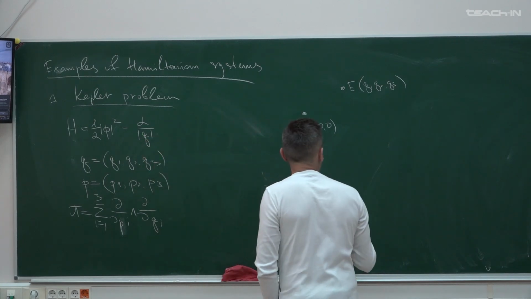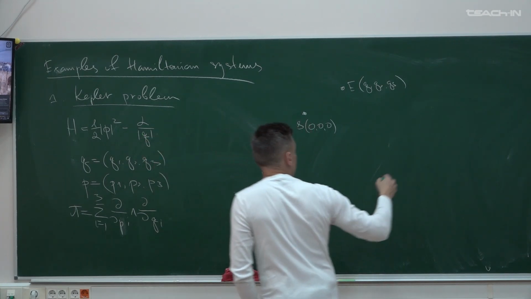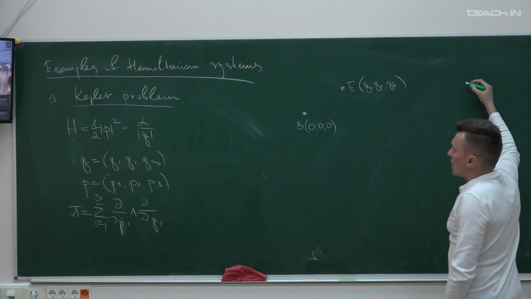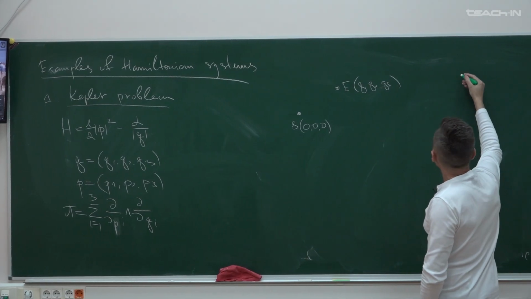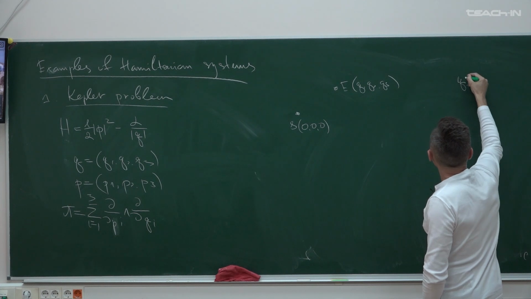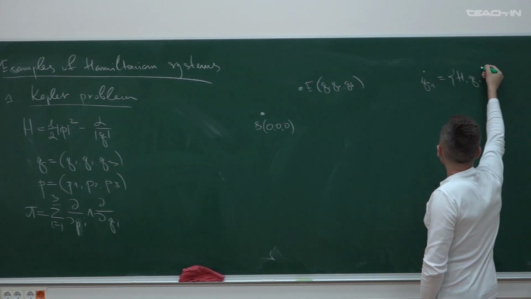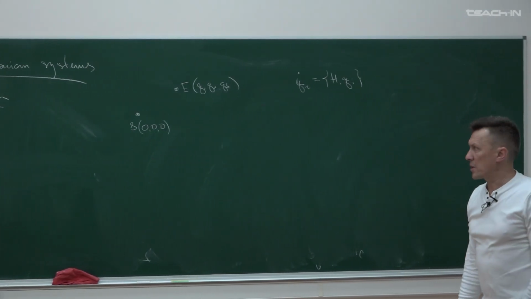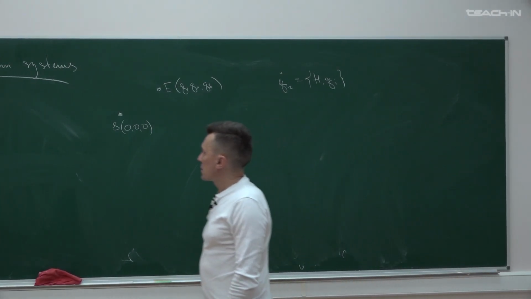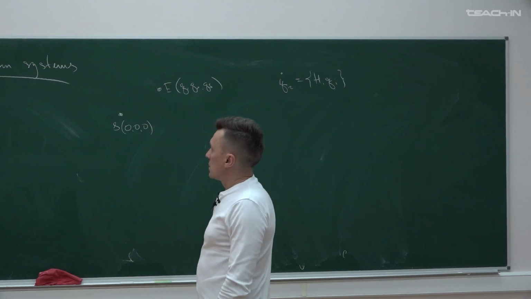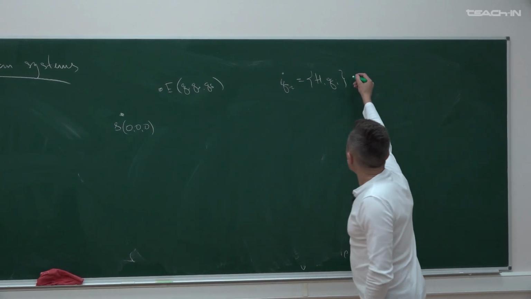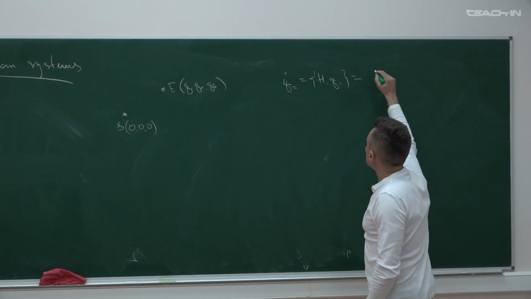We will work just by definition. q_i dot is the Poisson bracket of H and q_i.